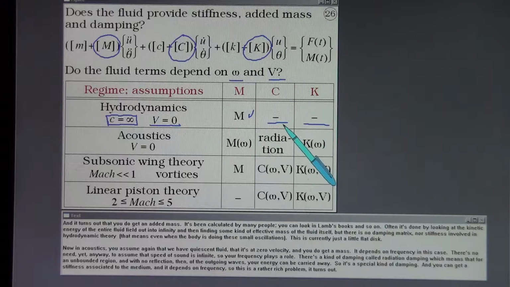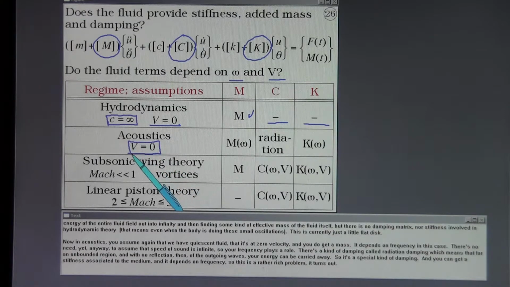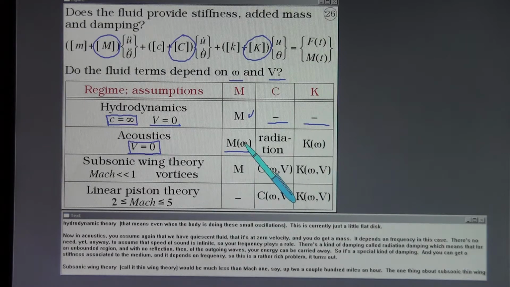Now in acoustics, you assume again that we have quiescent fluid, that it's at zero velocity, and you do get a mass that depends on frequency in this case. There's no need yet anyway to assume that speed of sound is infinite, so your frequency plays a role.